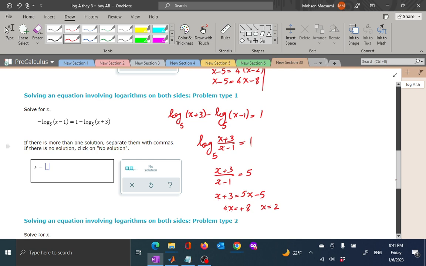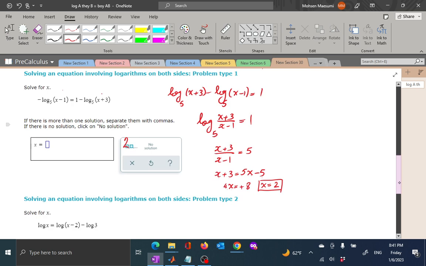And if you check, 2 plus 3 is positive 5, 2 minus 1 is just 1. Nothing goes wrong in any of these logarithm expressions, so this is acceptable, and the answer that we have here is just one answer, and that is just 2.